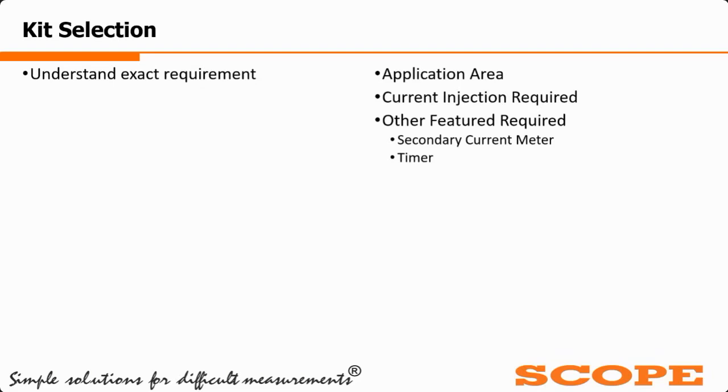They only provide the primary current measurement facility. In that case, we should know whether the instrument is capable of measuring the primary current as well as the secondary current. Also the timer: we have to consider it if we want to inject a current for a typical time, for 30 seconds or 1 minute or 2 minutes. In that case, the timer function is also important.